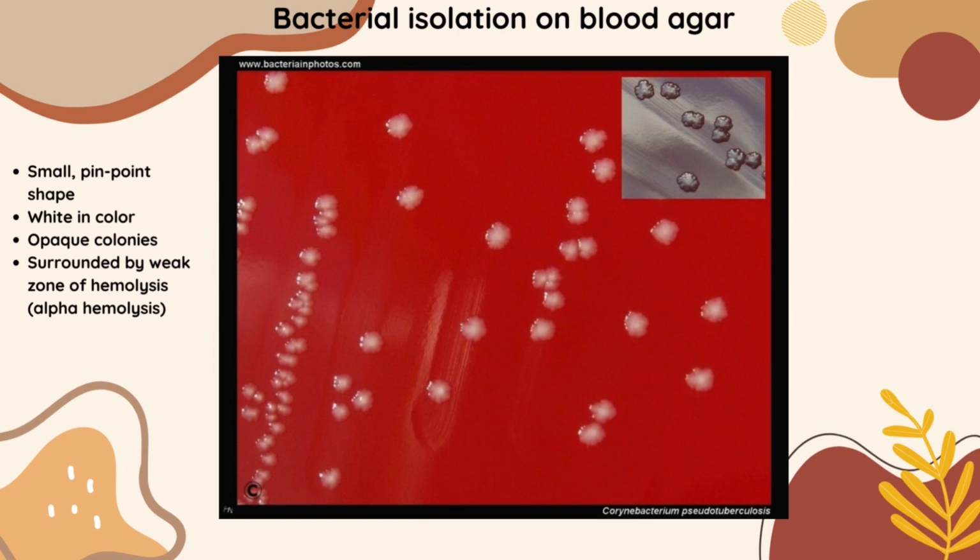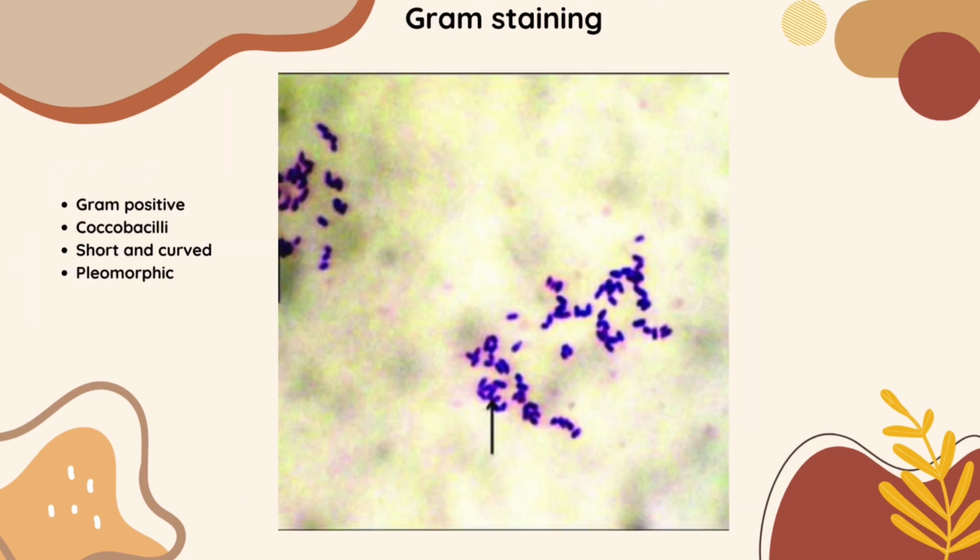The result shows small, pinpoint, whitish colonies, opaque in appearance. The colonies may be surrounded with a weak zone of hemolysis, which is alpha hemolysis. This is the result from the gram staining procedure, where the bacteria show gram-positive characteristics as well as coccobacilli, short and curved in shape and pleomorphic in appearance.